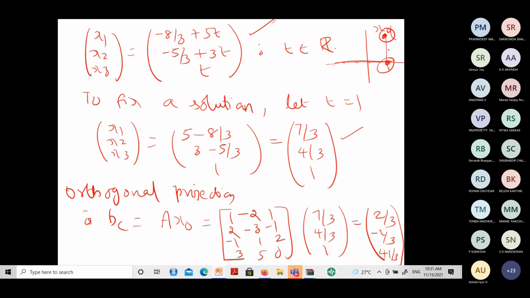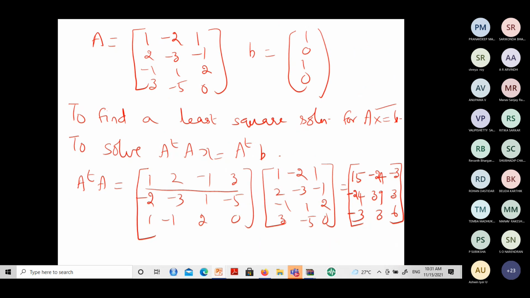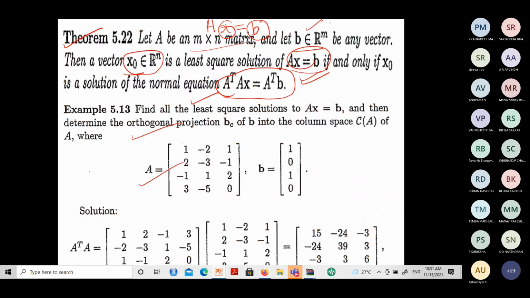You're right. So that concept I'm using. So AX0 equals BC, and BC is nothing but the orthogonal projection. Using that concept I'm doing this. I'll go back to the question now. Read the question, I think you can understand. Determine the orthogonal projection BC of B into the column space of A. So that is nothing but A times X0.